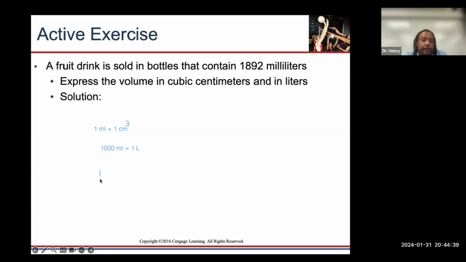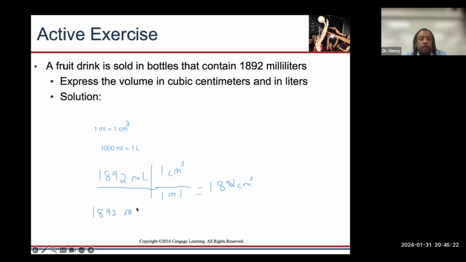In the first case, since they're 1-to-1, we know it's going to be the same value. We're just going to use a different unit, 1 milliliter and 1 cubic centimeter: 1,892. In the other case, we're dividing by 1,000.